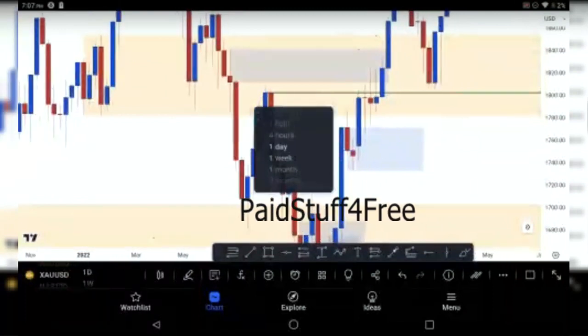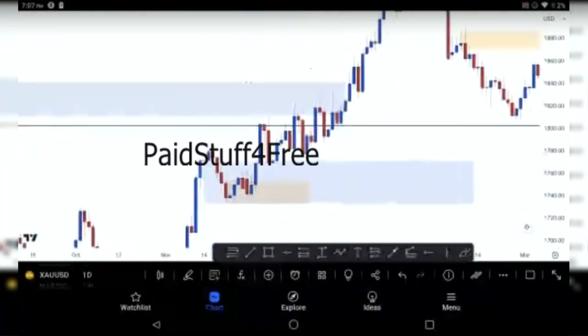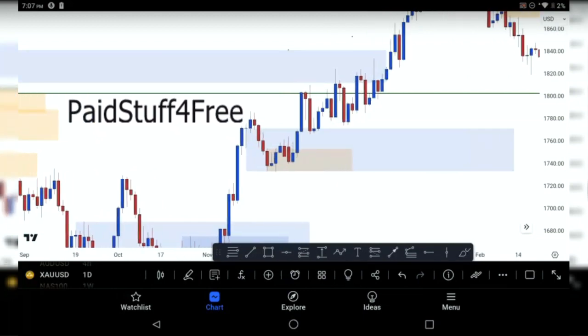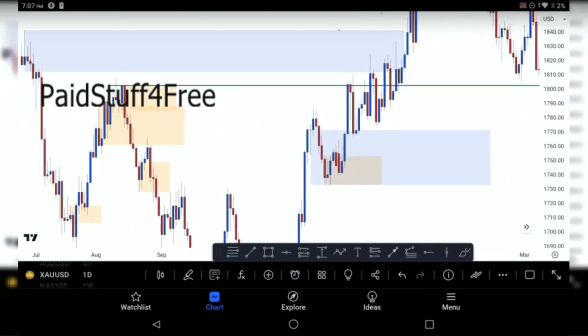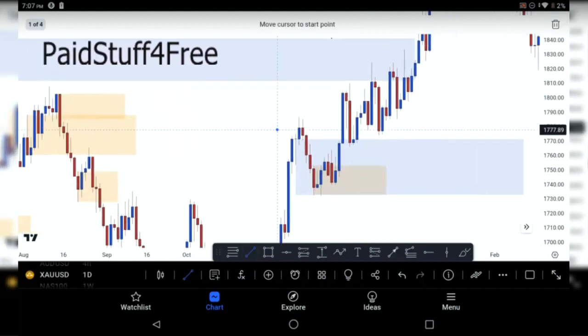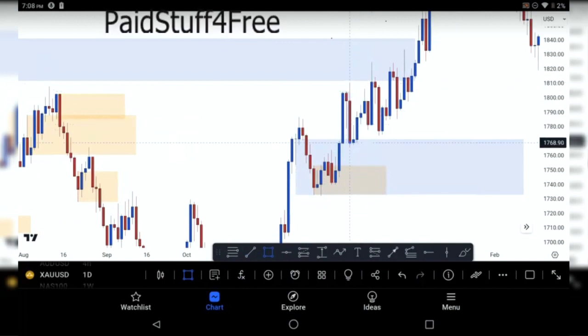So daily, let's go down to daily. Now price reacted. This is where price reacted to that zone. First of all, we have a dominant one time frame confirmation, which is this.